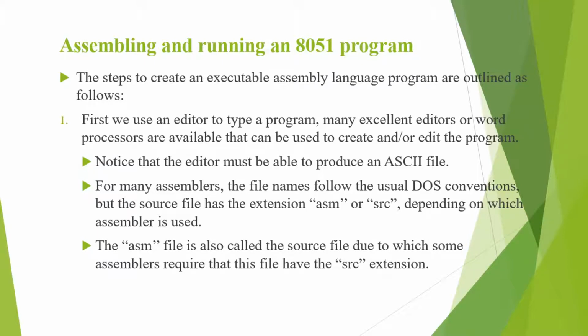The editor should be able to produce an ASCII file. The source file has to have the extension ASM or SRC depending on the assembler used. In some cases, the assembler requires that the file requires the extension SRC.